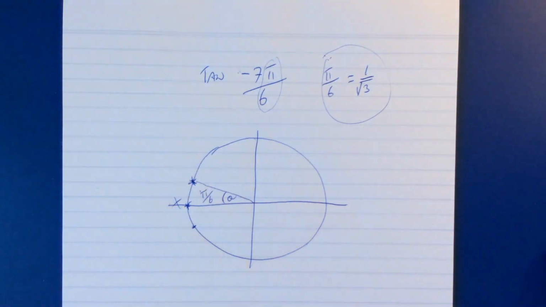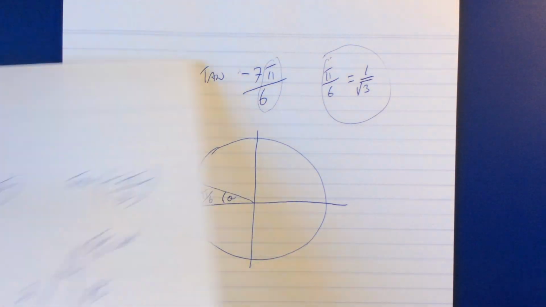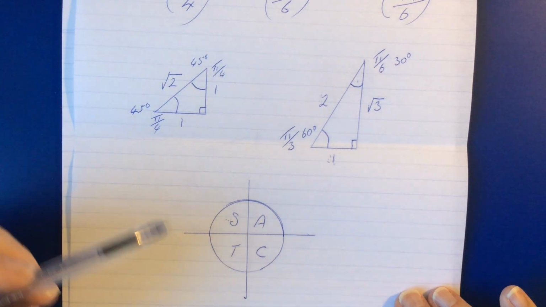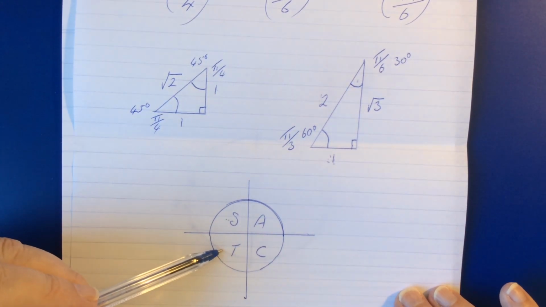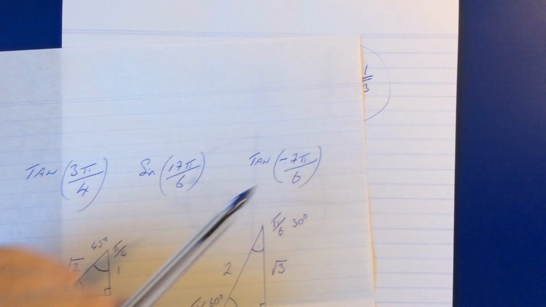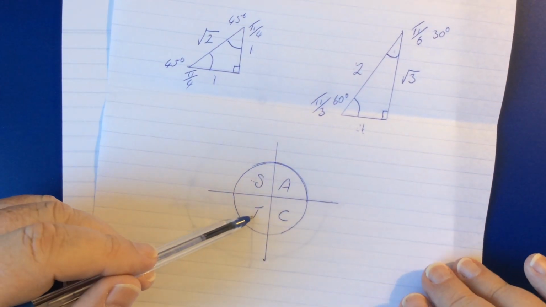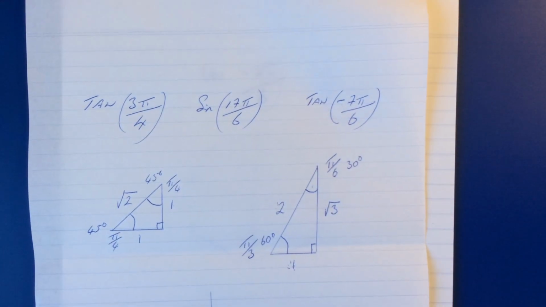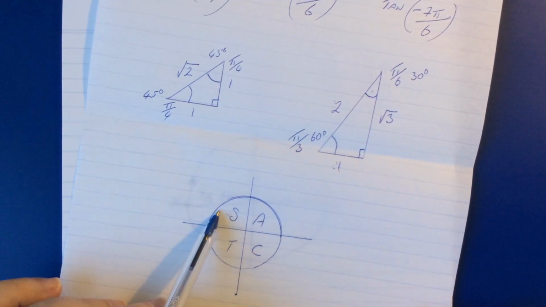Now, the next thing to consider is whether this thing is going to be positive or negative. If it were down here, if this were positive 7 pi on 6, it would be in here and our answer would be positive. It is not. It is up here where signs are negative.